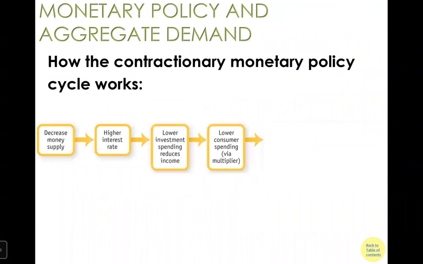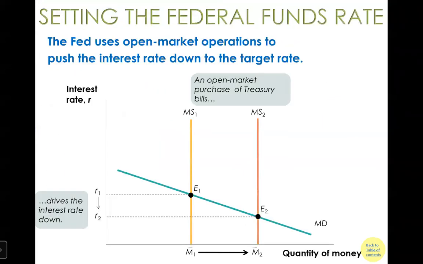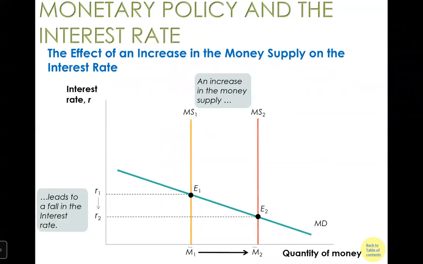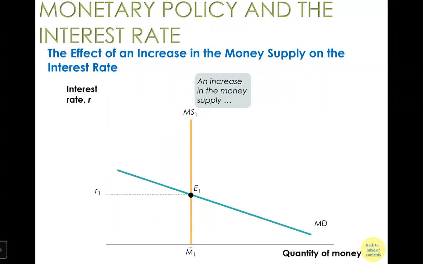Let's just go back to the two slides that we just missed so that we can understand exactly how the Fed can affect the interest rate. Look at it here. So if the Fed increases the money supply, again, how can they increase the money supply? Through open market operations by purchasing bonds.